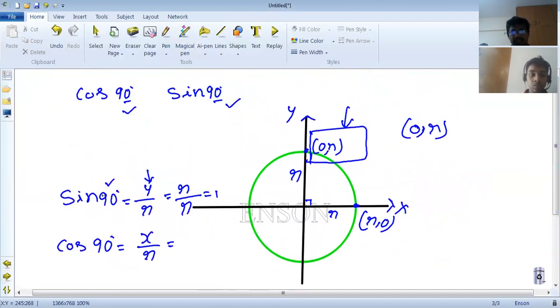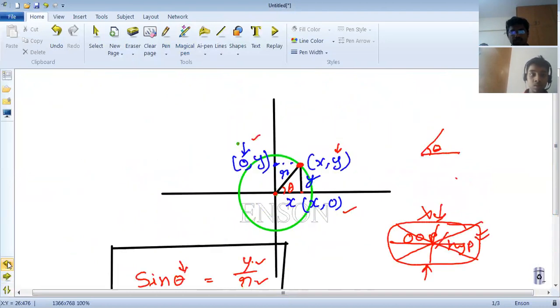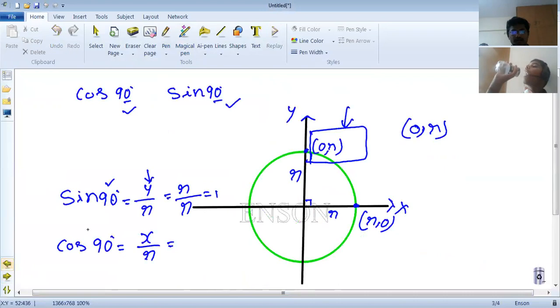Like that, we need to find cos 90 and sin 90. So sin 90 is nothing but the sin theta formula we know, y by r. Y coordinate value divided by r. From this point, the y coordinate is r and the x coordinate is 0. Now cos 90, we need to find the x coordinate value to the radius.